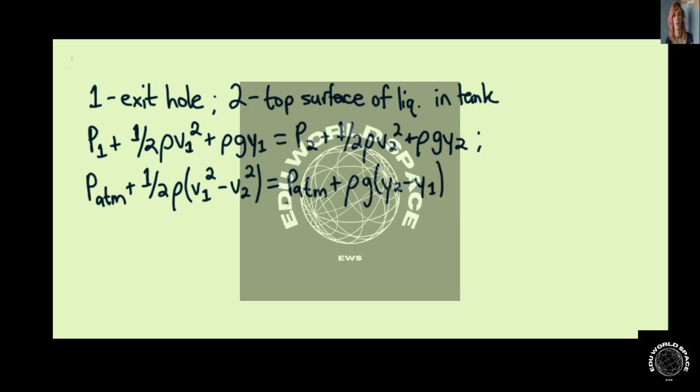Of course, the atmospheric pressure then cancels out and the density cancels out. And so we have that V sub 1 squared minus V sub 2 squared equals simply 2gh, where h is equaling y sub 2 minus y sub 1.